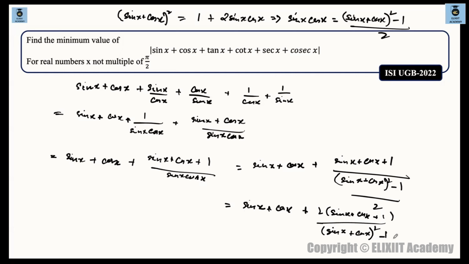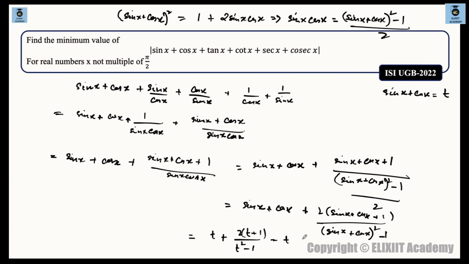Now what I'll do, I'll take a substitution from here, that is sin x plus cos x. We'll take this sin x plus cos x to be t, and then we will be solving this thing. So final में जाके we are having t minus 1 t plus 2t divided by t square minus 1. ठीक है, this was 2t plus 1. अच्छा, 2t plus 1, so we can simplify this thing.